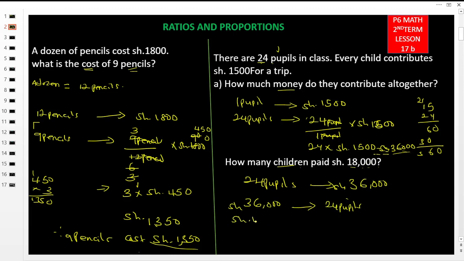How about if this 18,000? So how about the 18,000 is going to be contributed by our inverted L? So this one we start with 18,000 all over 36,000 times our 24 pupils here. Now shillings, a 0 with a 0, 0 by a 0.